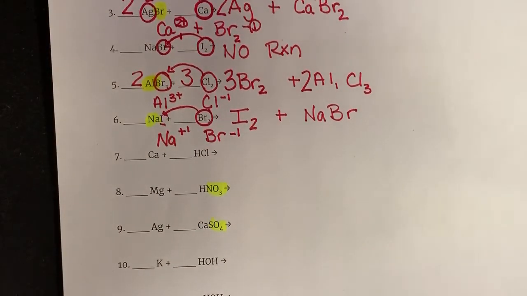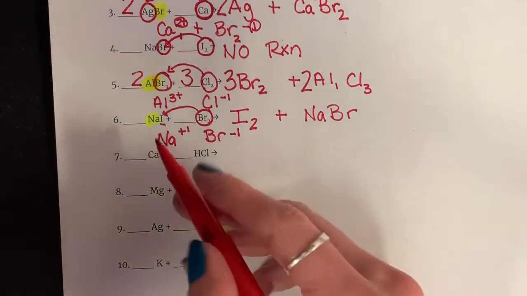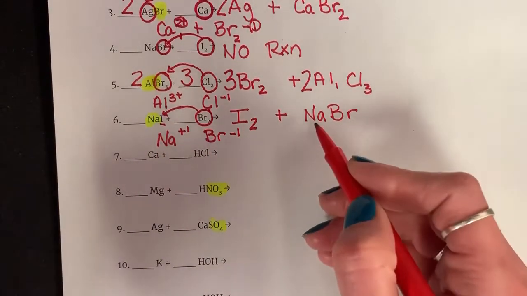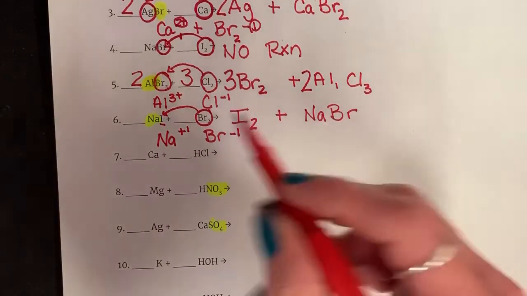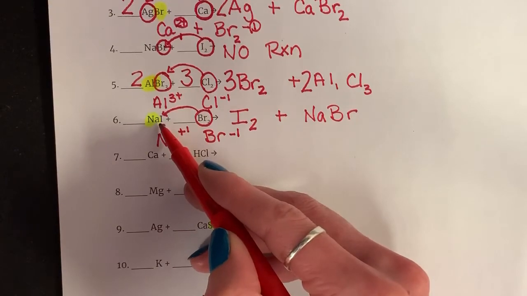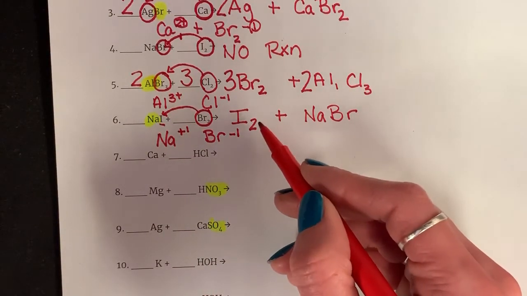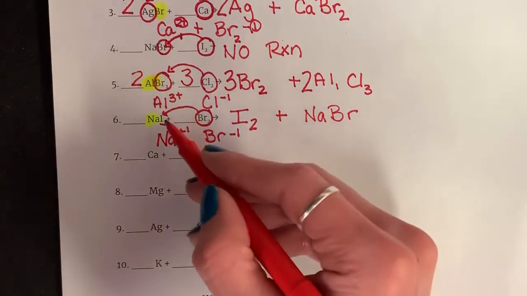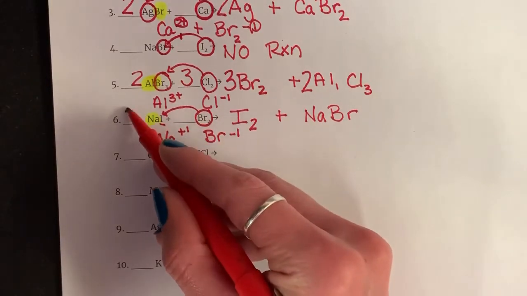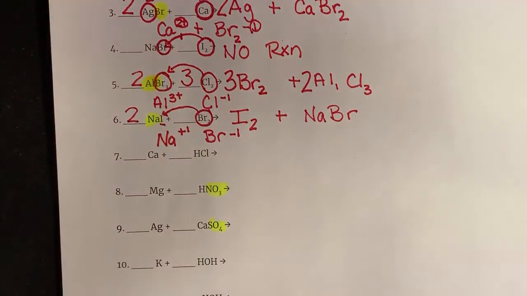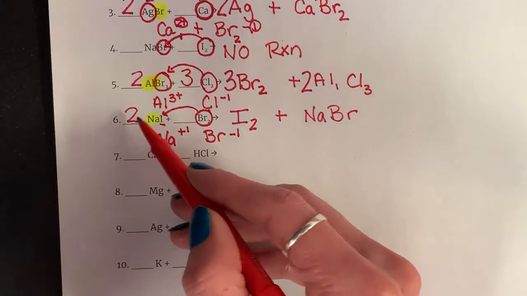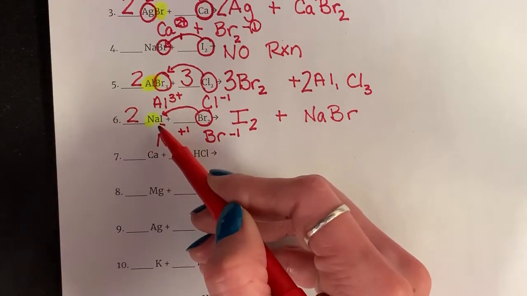I need to check and make sure that everything's balanced. Started with 1 sodium, ended with 1 sodium. Started with 1 iodine, ended with 2. So I need to multiply this I by 2. That fixes iodine, but it also changes sodium.